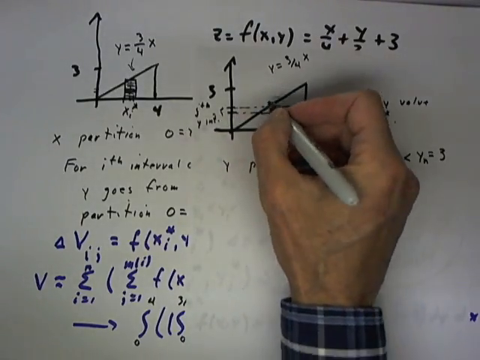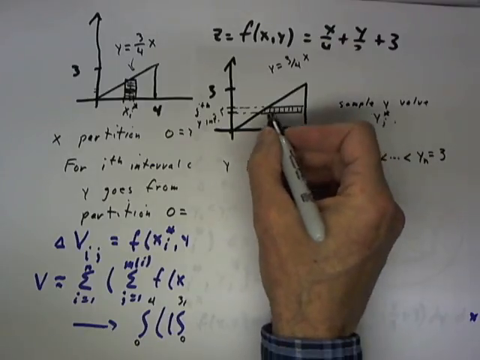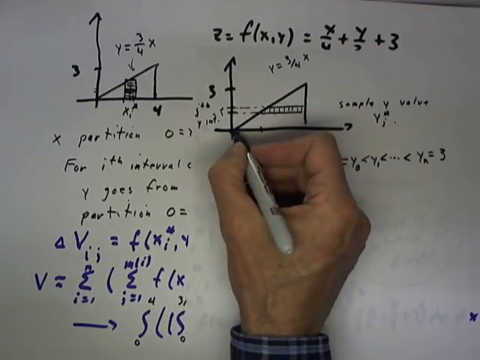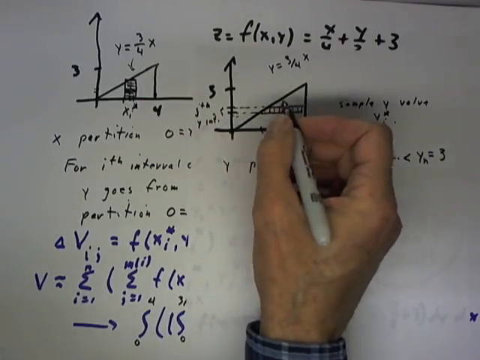and for that particular interval we partition our x interval. Now the x interval is going to go from here to here. It's not going to go from 0 to anything because there's no triangle from 0 up to this point.